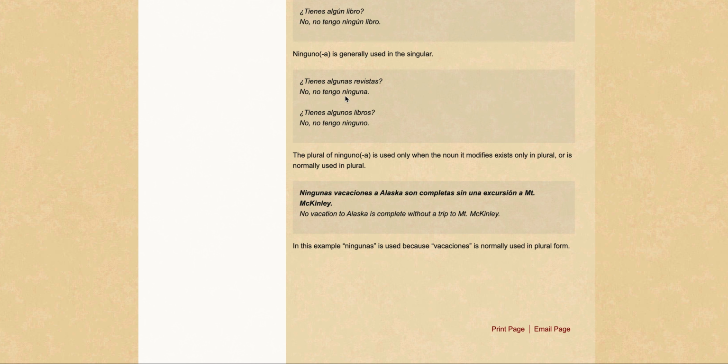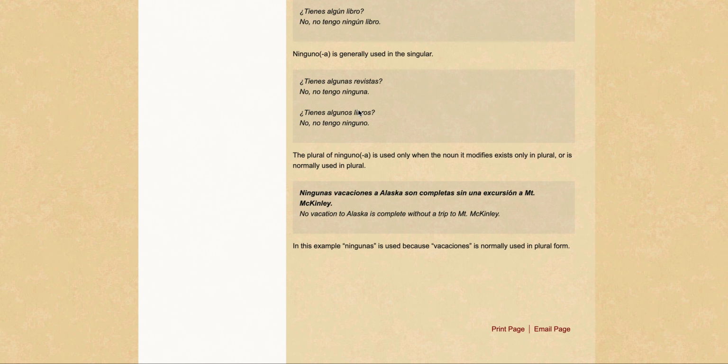And revistas is feminine, so that's why we're using the feminine form here, ninguna, and libros is masculine, and therefore we're using ninguno, right? The plural form of ninguno, which is ningunos and ningunas, is used only when the noun it modifies exists only in plural, right?